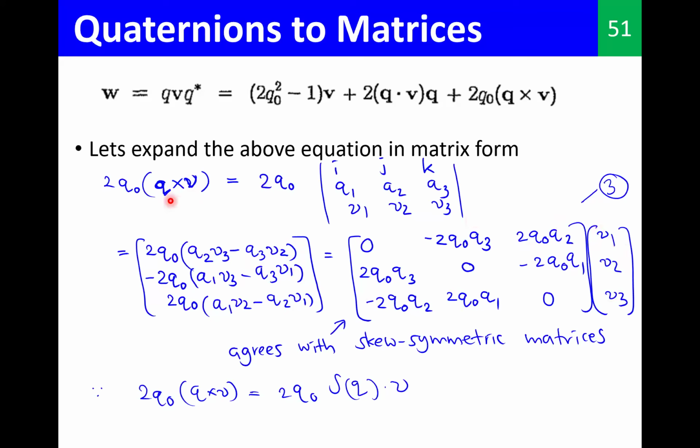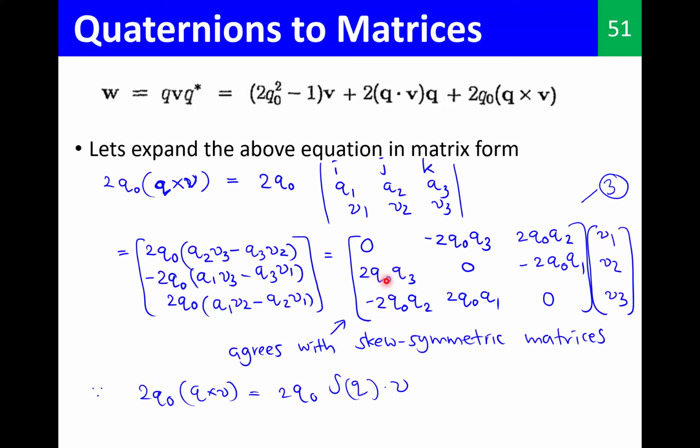Anyway, you know that Q cross V is equal to S(Q)V, right? We learned this in the IMU theory part. This is like that operator for the skew symmetric matrix. I take these elements and put them like so: here we have Q1, minus Q2 and the Q3 part.